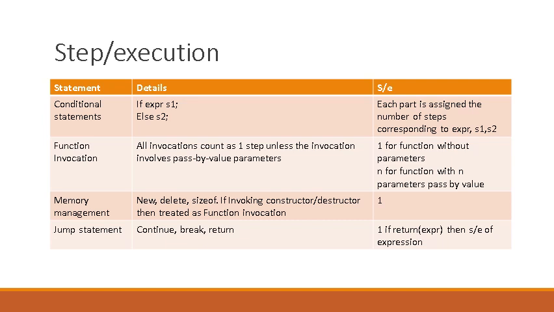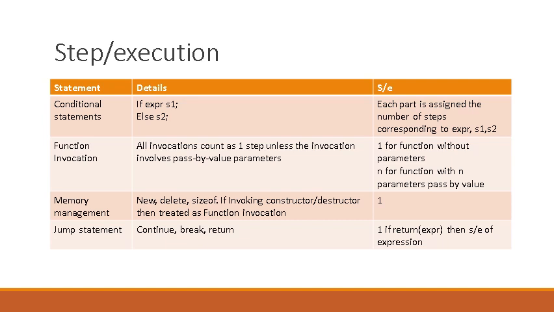Because when we do pass by value, the function is going to create another object for that variable. So that assignment is going to happen in the function. That's why the step count for that function call will be whatever n number of parameters are passed by value.